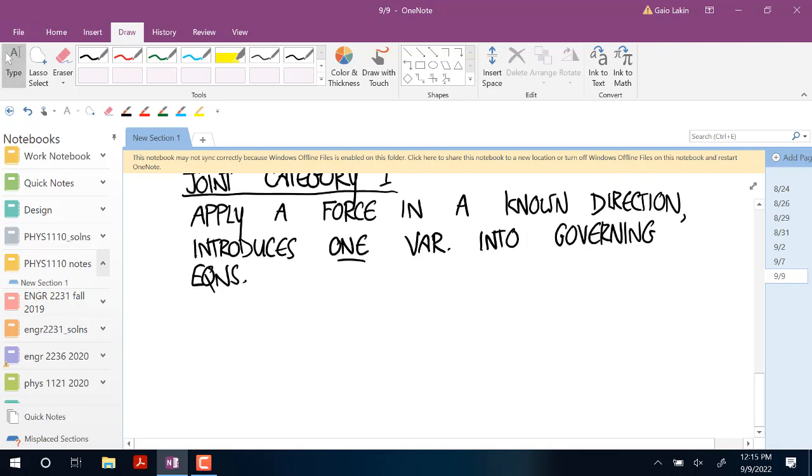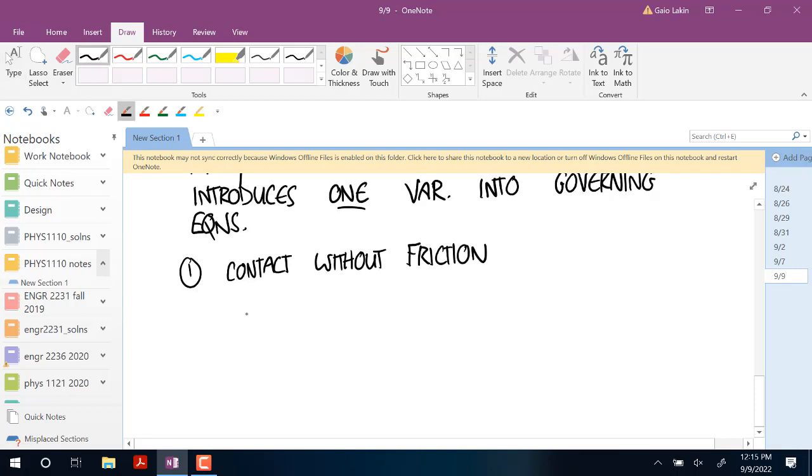Okay, so the first one of these is contact without friction. We've already seen this with particles. So if this is your rigid body, and it makes contact without friction, let's say that this is body 1 and this is body 2.